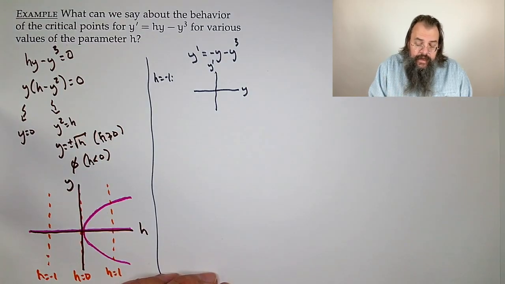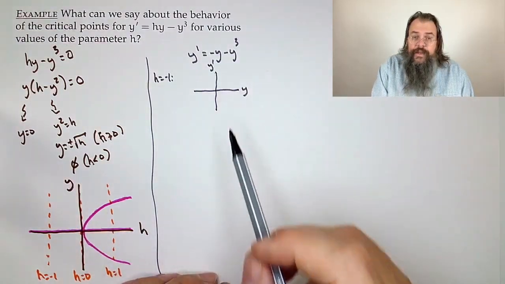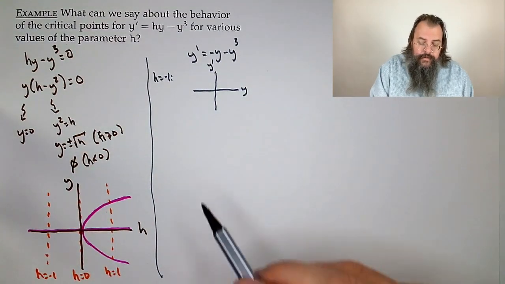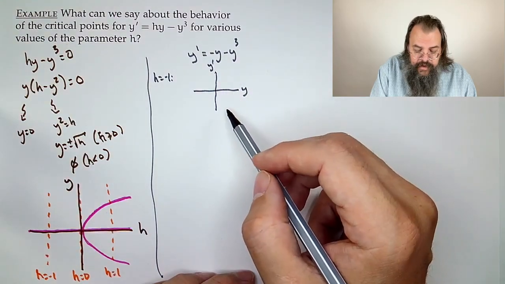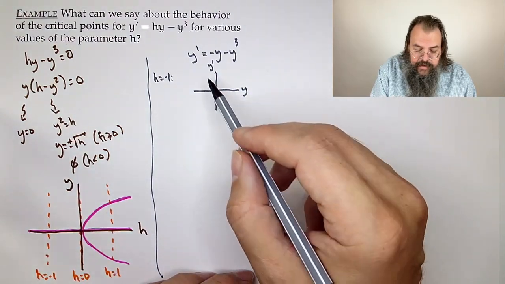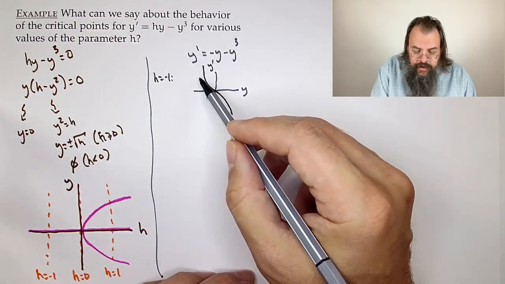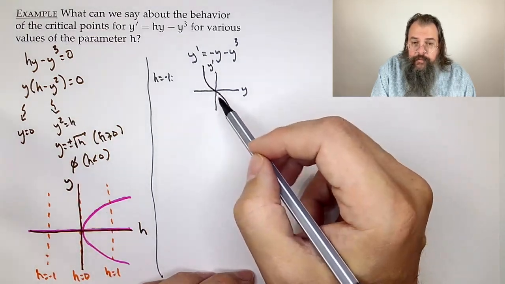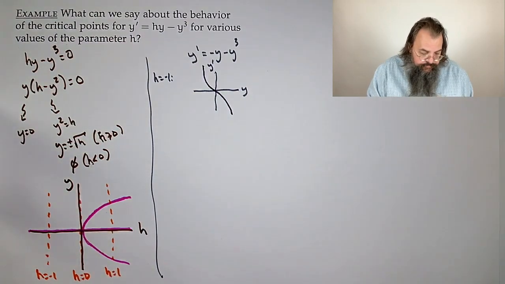And I'll just tell you what it looks like. You can see that the -y cubed is the dominant. Now, y cubed normally would come up, so -y cubed flips it. So it would actually go down, and then the -y makes it so, as we come through, that we have a slope of -1. So this is the sketch of our differential equation.